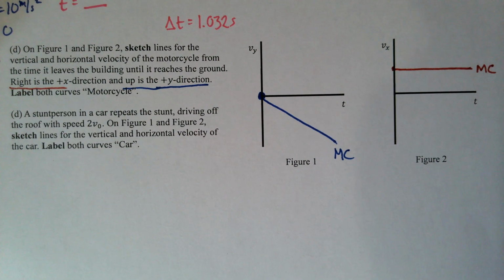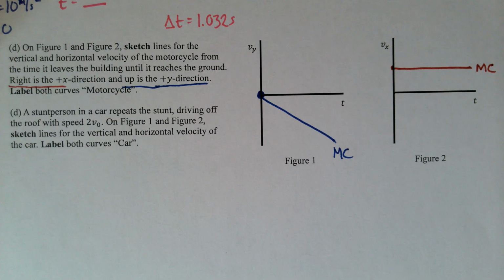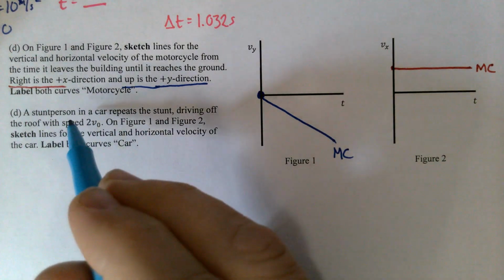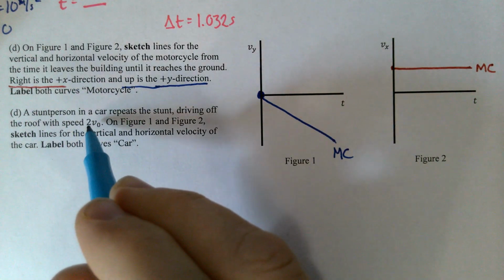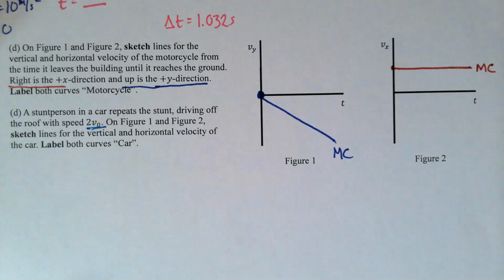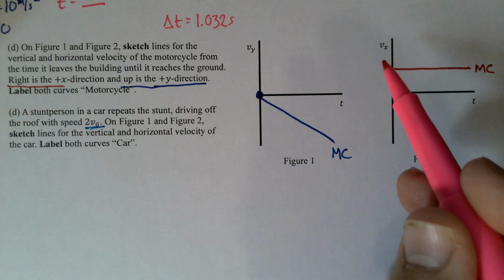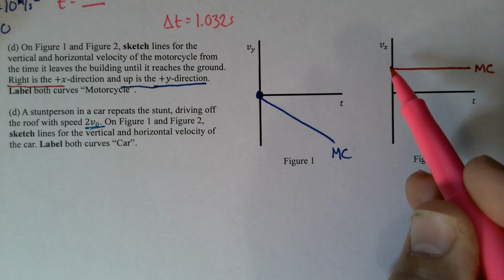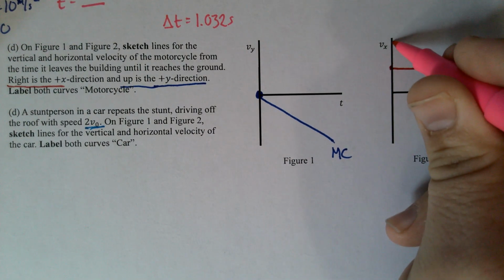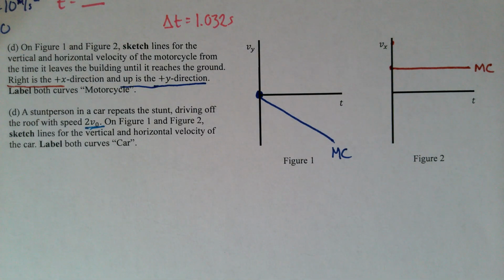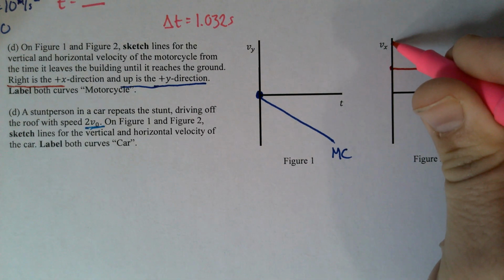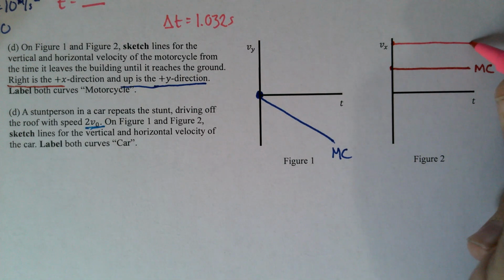Label that motorcycle. Then part 2 says we now repeat this with a car that's going twice as fast. So the velocity is 2 v naught. Over here on this graph, my velocity is going to go from this value to a value twice as high. So there's my car's initial velocity, but it's still going to be constant after it leaves the roof.